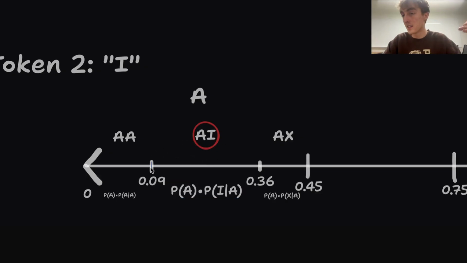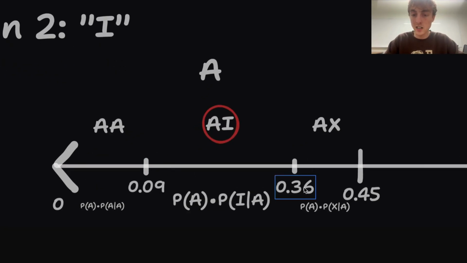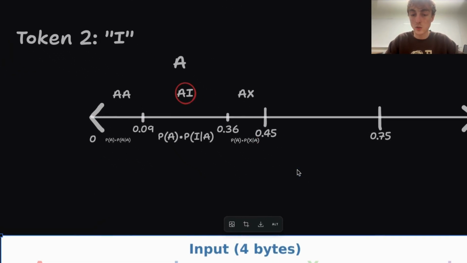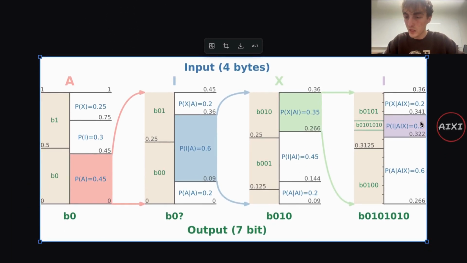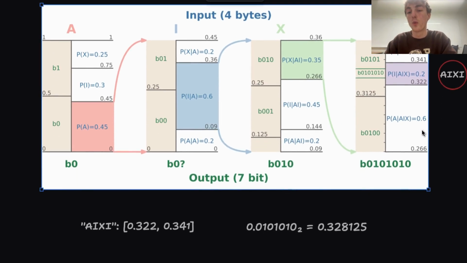It means that our encoded output is going to be between 0.09 and 0.36. Then we split up this section into a new number line, and we continue doing that for every token until we get the full picture here, where we have our complete input mapped to a segment from 0 to 1, and in this case, AIXI is mapped to 0.322 to 0.341.